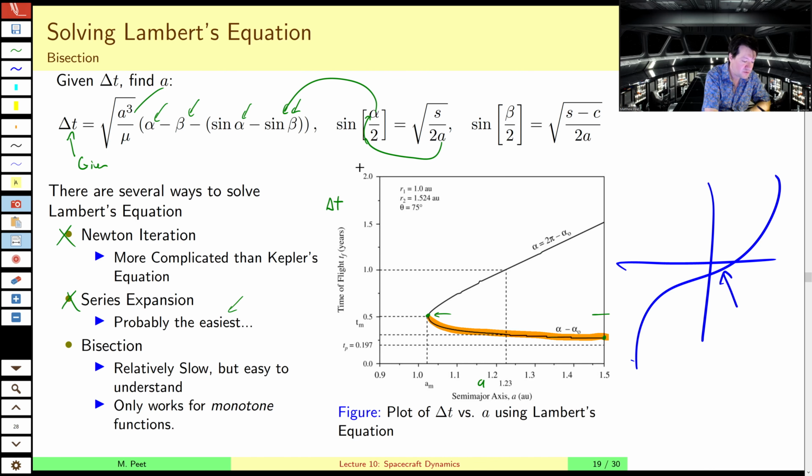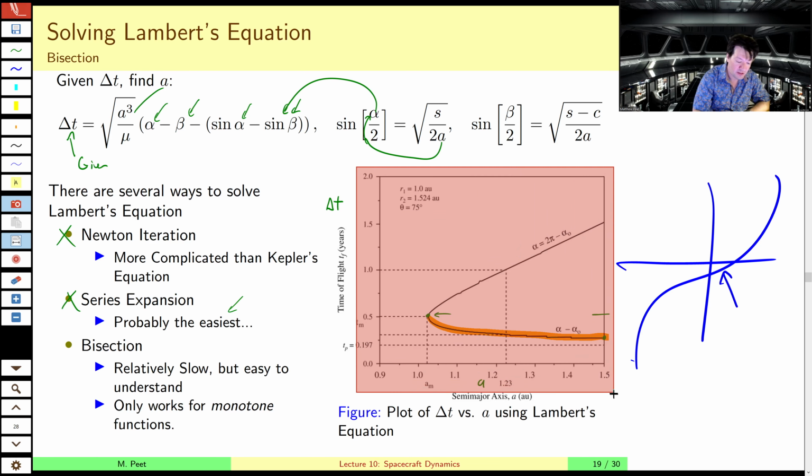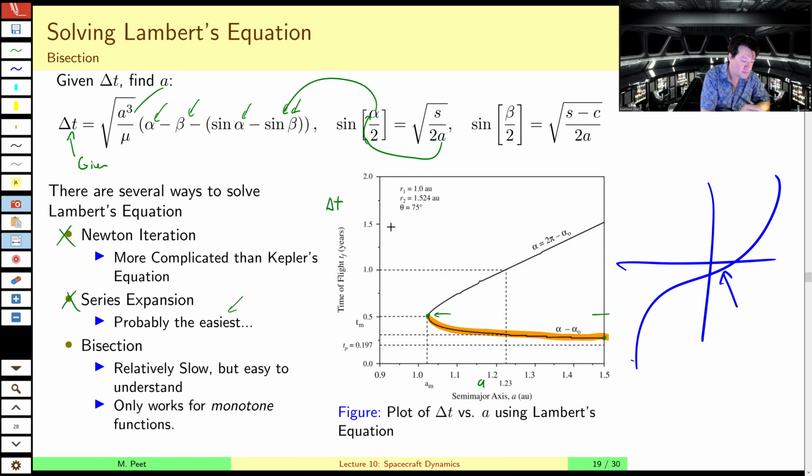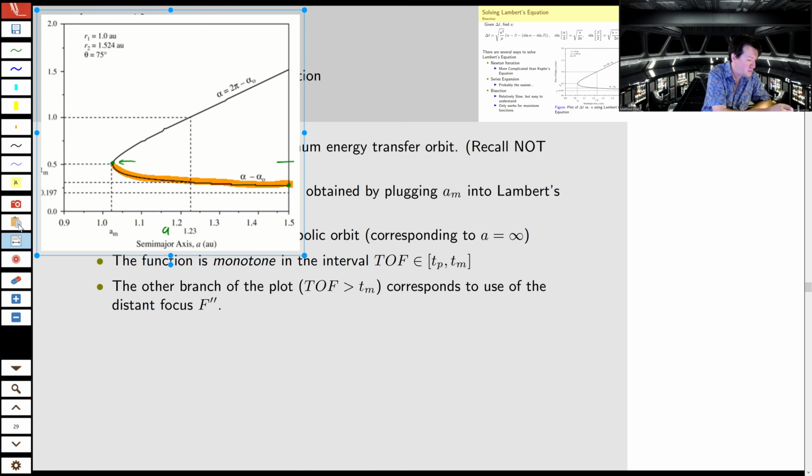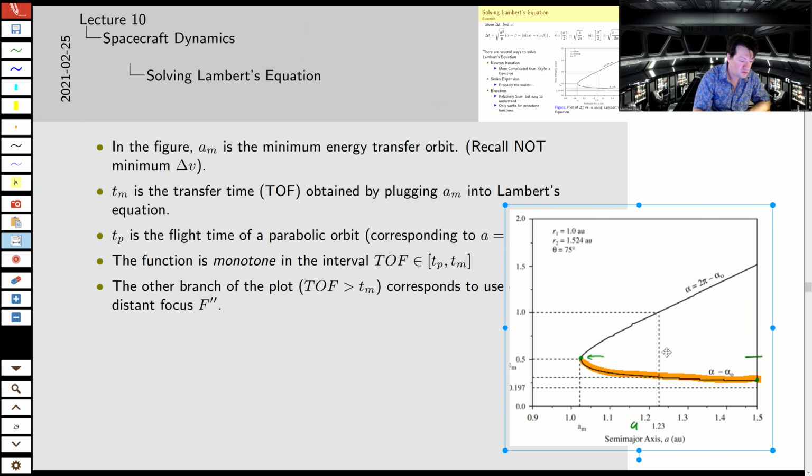I'm just going to grab this figure here because I'm going to use it later on. So again, if we look at the bisection algorithm, we're going to have to restrict ourselves to this arc, which means we're going to need to figure out if we're on the arc. In particular, we're going to have to make sure that our delta t lies in this relatively narrow band of delta t's, delta t max and delta t min.